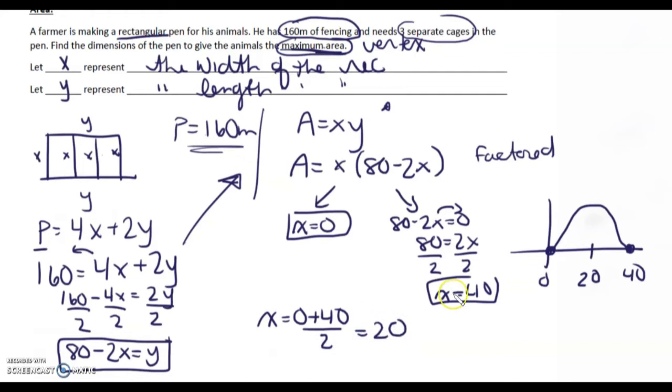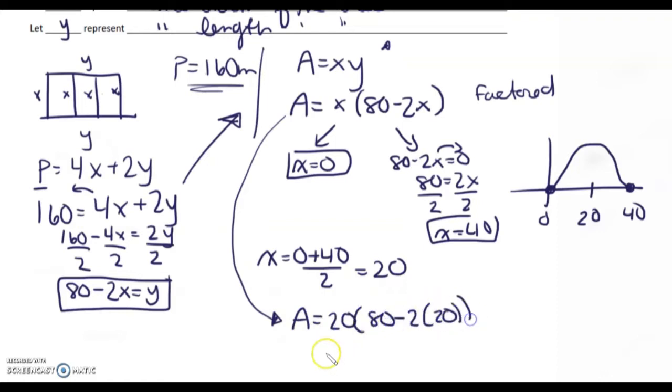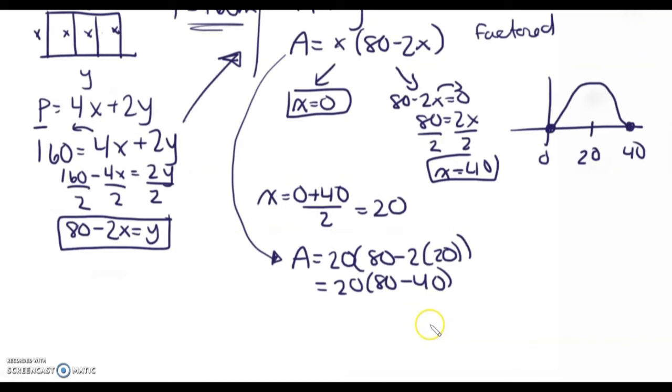Okay, now what we want to do is take our original area formula and sub in that 20 to see what the area would actually be. Okay, so I get 20 times 80 minus 40, which is 20 times 40, which is 800.